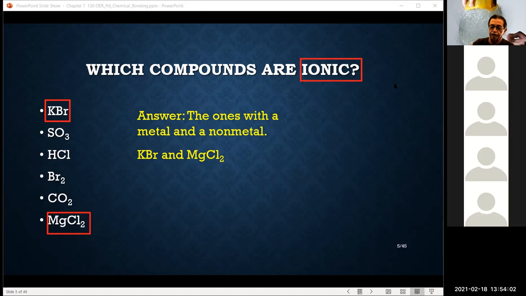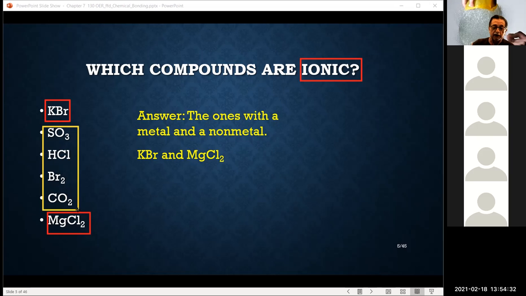The other 4 are covalent compounds. So SO3 is sulfur trioxide, HCl is hydrochloric acid, Br2 is simply bromine, and CO2 is carbon dioxide. All of them covalent.